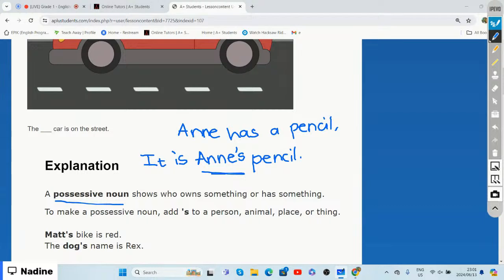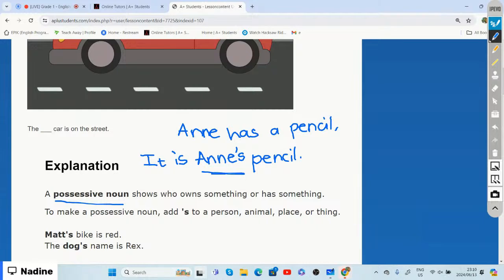If it's somebody's toy, we can say it is Anne's toys or James's toys. We can think of another example, the dog's bone. It can be anything that belongs to you or belongs to someone.